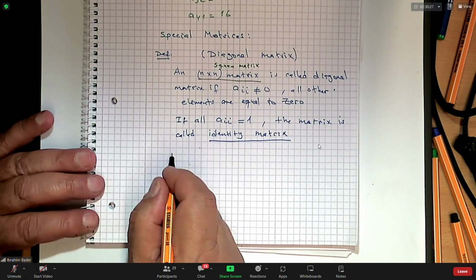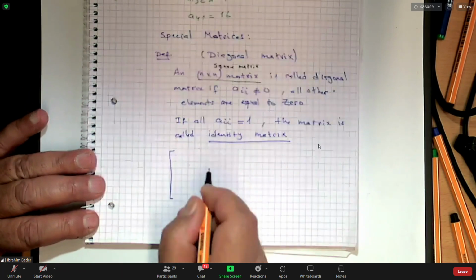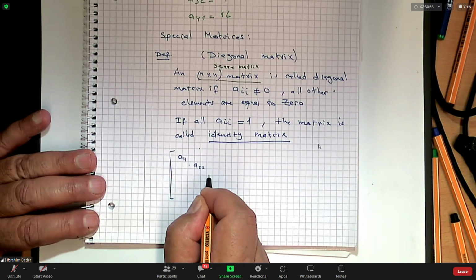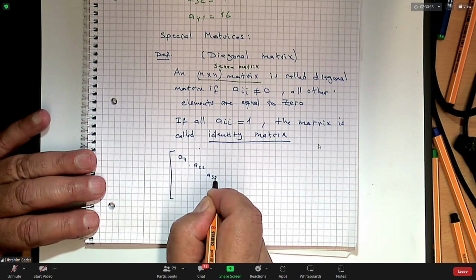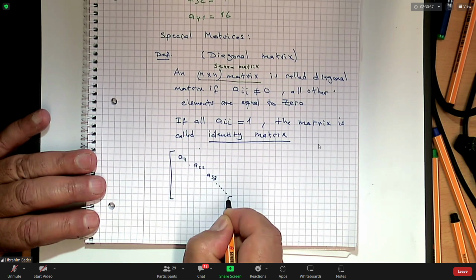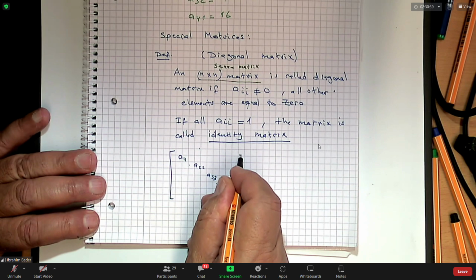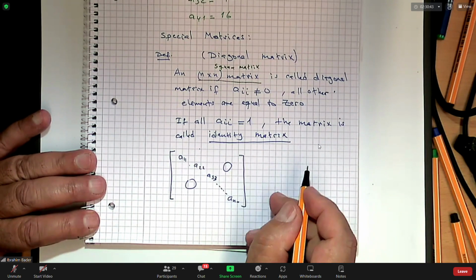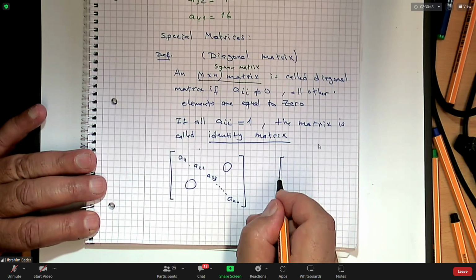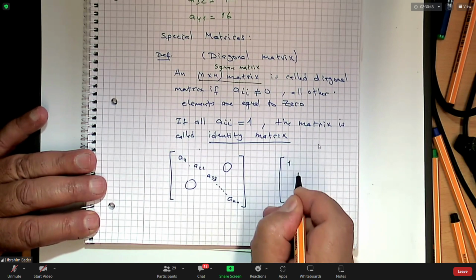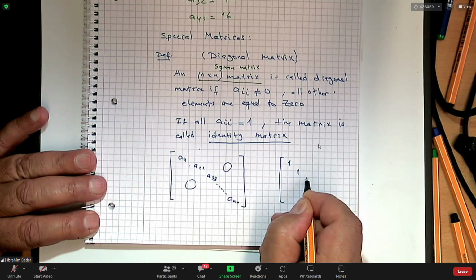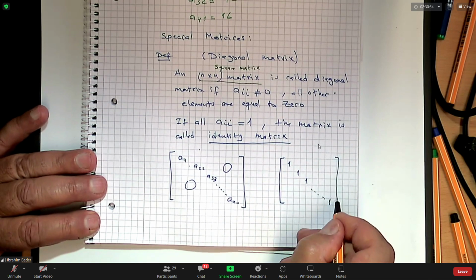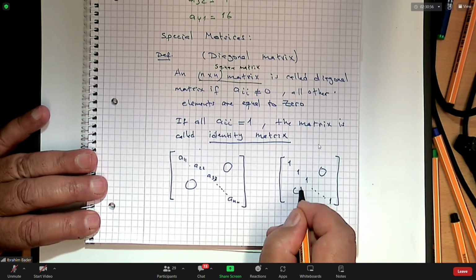So usually a diagonal matrix, it's a matrix that has a_11 up to a_nn on the diagonal. Here we have zeros, here we have zeros, and in the identity matrix we have here all ones, and here you have zeros.